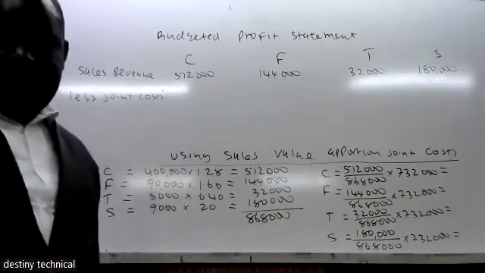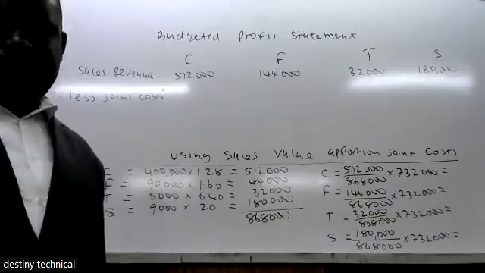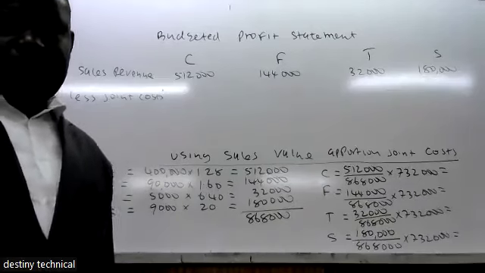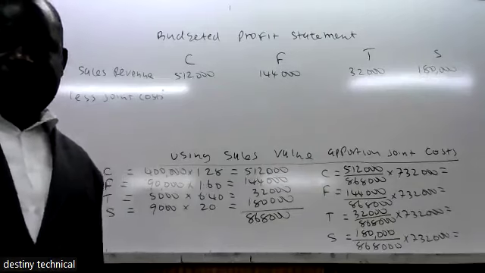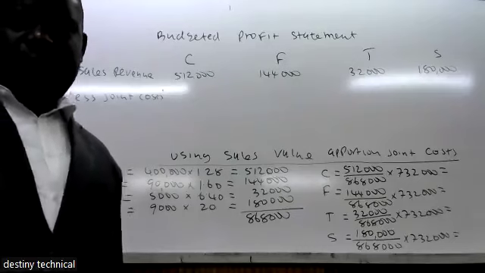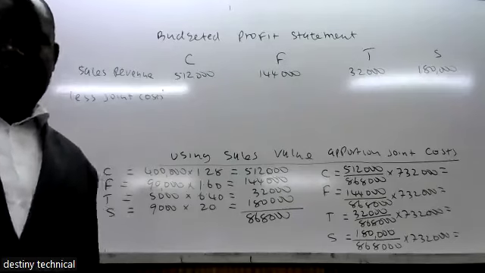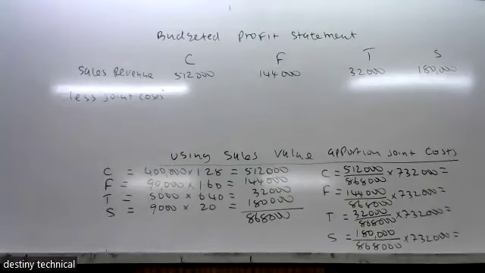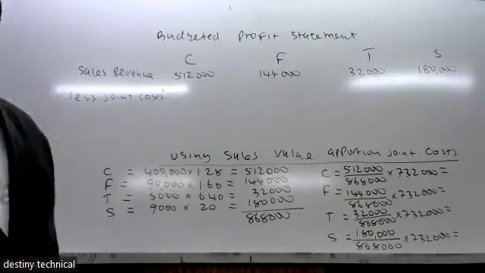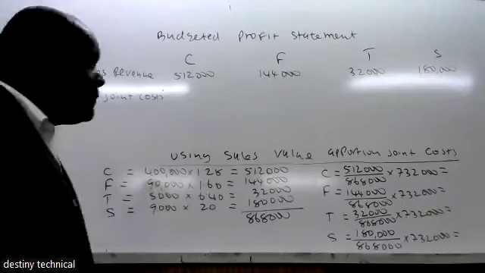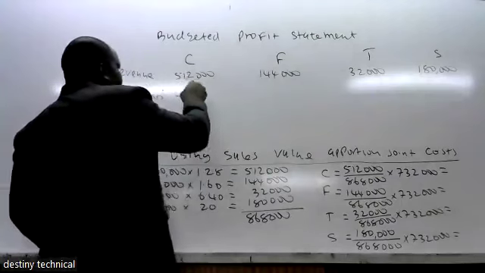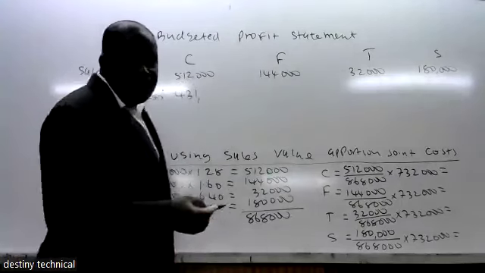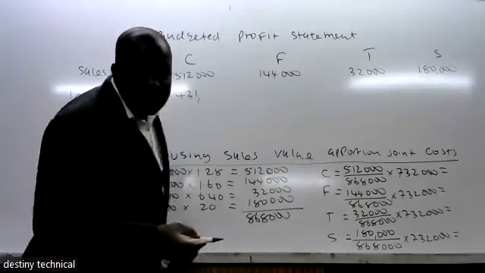Someone else has given me 431. What should be the correct figure? Is it 456 or 431? So it is 431,779.